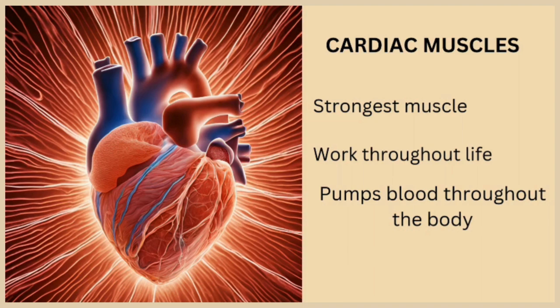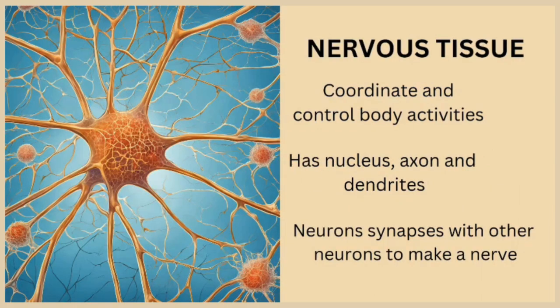Cardiac muscles are the strongest of all muscles as they have to work the whole life without stopping. These muscles pump the blood throughout the body. The heart's pacemaker cells respond to signals from the autonomic nervous system to increase or decrease the heart rate.